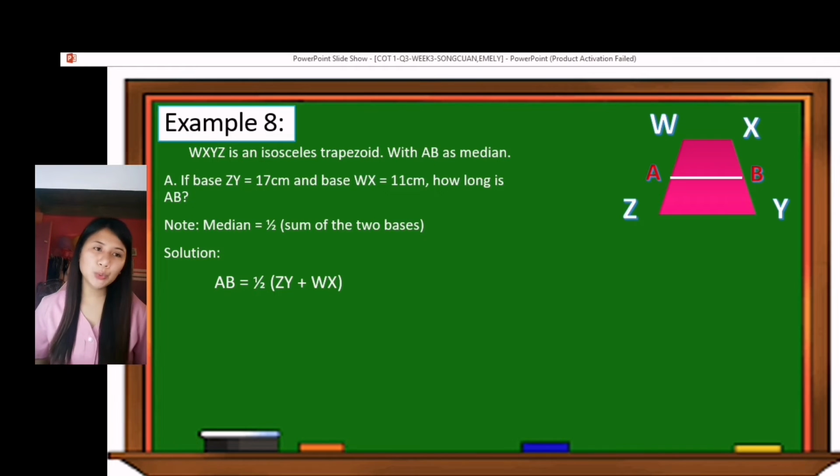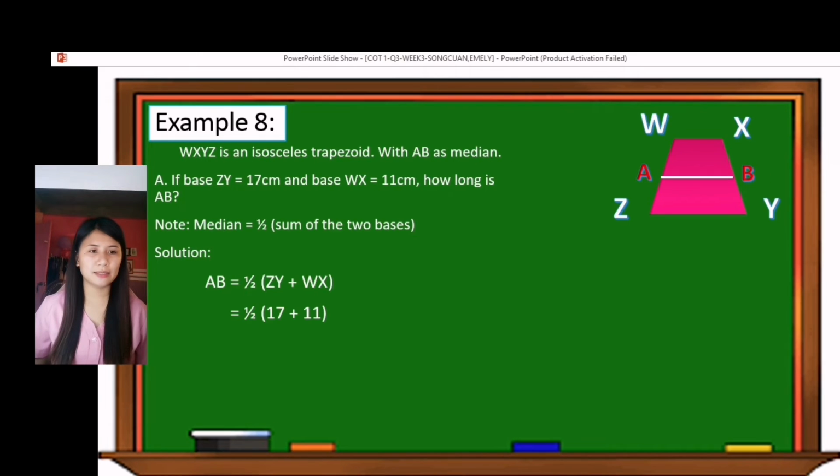AB is equal to 1/2 of the sum of the base ZY and the base WX. Next, let us substitute the value of the base ZY and the base WX, which is 17 plus 11. So, what is 17 plus 11?